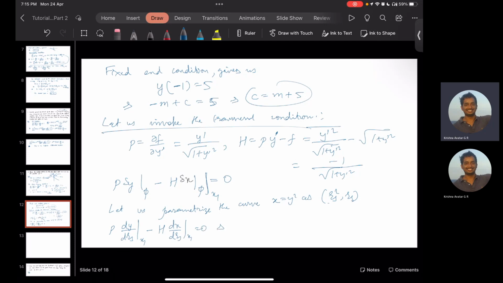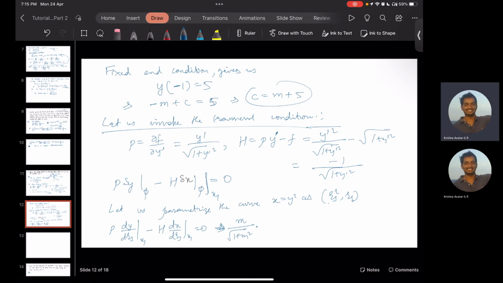So this becomes p, we can write simply as y prime, which is nothing but m, right? Okay, so p is m divided by 1 plus m squared, is it not? And then into dy by dx.